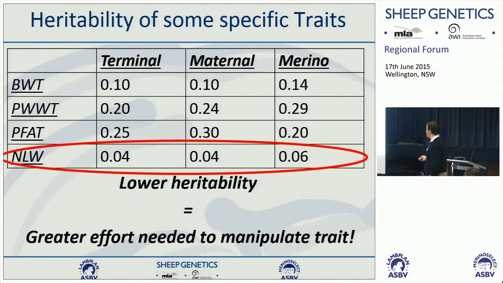We look down at number of lambs weaned and it's 0.06, so 6%. So that's a bit of an idea of what the different heritabilities are, and I think Karis ran through these before, but like I was saying, I can't stress enough that just because it's a lower heritability doesn't mean it's not worth doing. It just means you have to have more emphasis to be able to manipulate that trait within your flock.